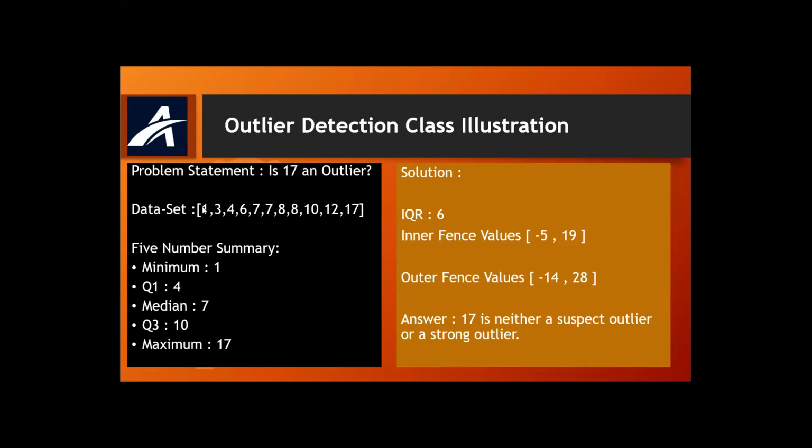So the lower bound, let me say the inner fence, is the value you get when you deduct 6 from 1, which gives you a negative number, -5. This helps you get the fence on this side for the values that will not be considered outliers. So 1 minus 6 is -5, and you get -5 as the inner fence.